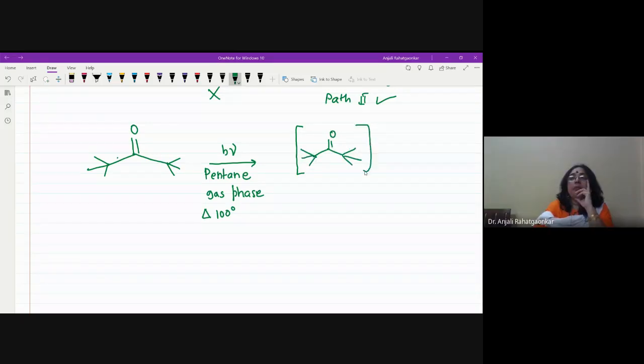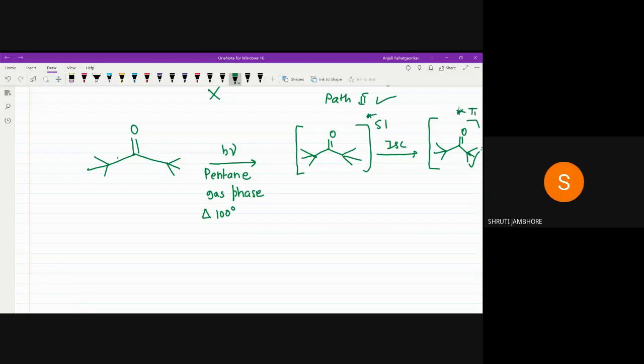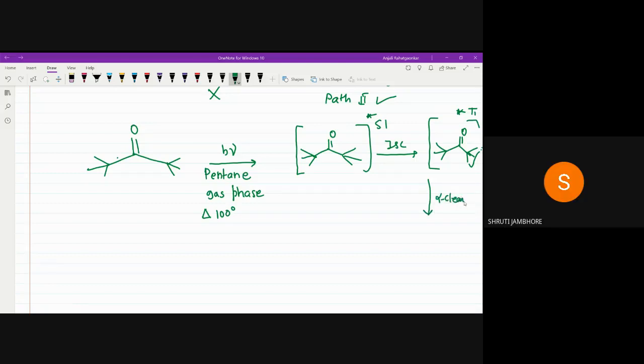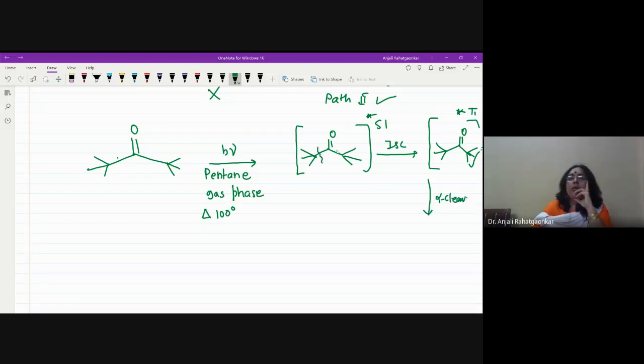S1. इसके बगैर करोगे तो आधे मार्क्स कट जाएंगे, समझे? Now, so there will be alpha cleavage. तो कहाँ, यहां से भी करो यहां से भी करो तो भी कोई फर्क नहीं पड़ेगा क्योंकि the molecule is symmetrical, right?